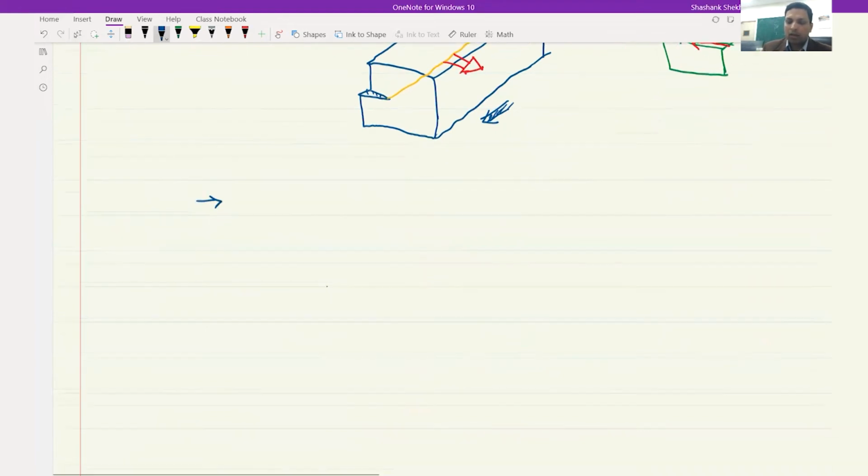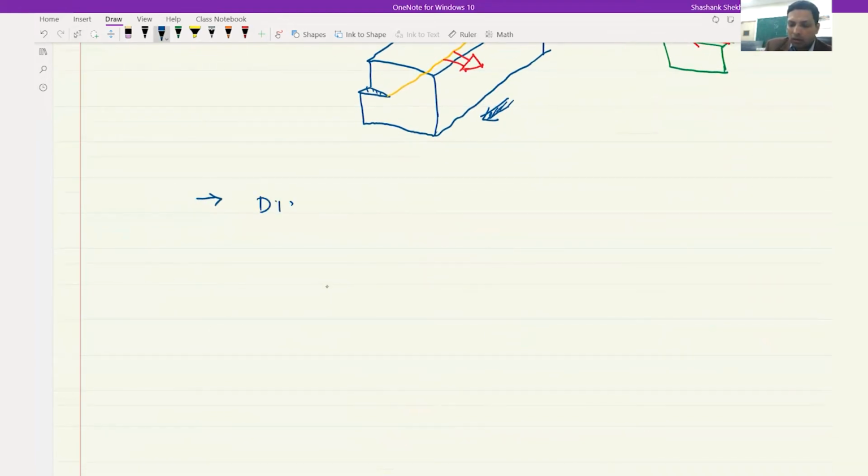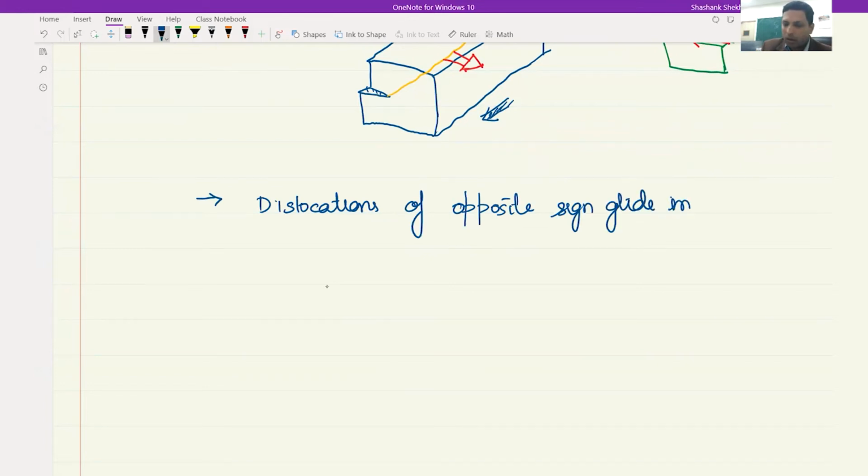One is that dislocations of opposite sign glide in opposite direction.